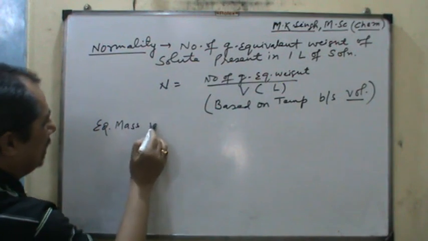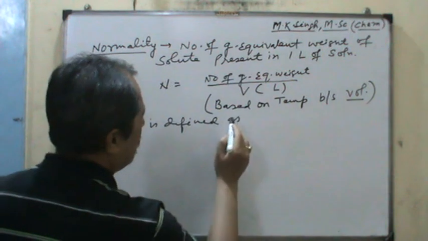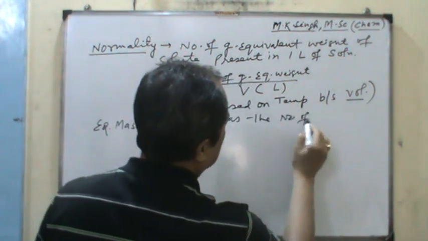Equivalent mass is defined as the number of parts.